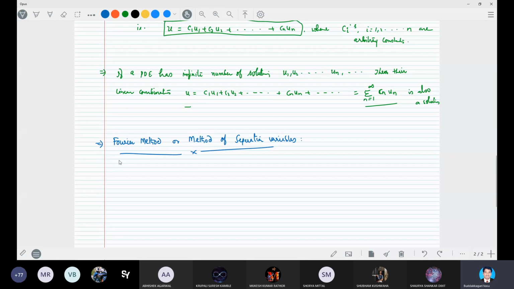Here, this method says that suppose x and y are the independent variables and u is a dependent variable.